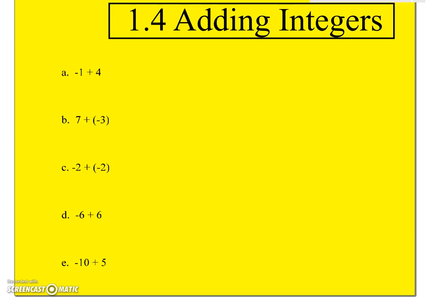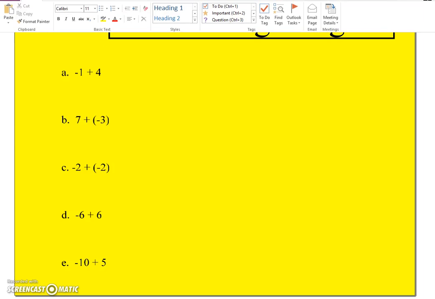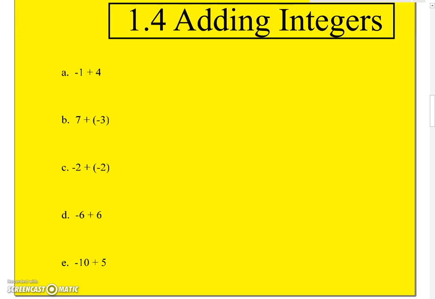All right, today I want to talk about adding integers, and I'm going to use the problems that you see on the screen to get us started. Actually, I'm going to start with a problem before this.